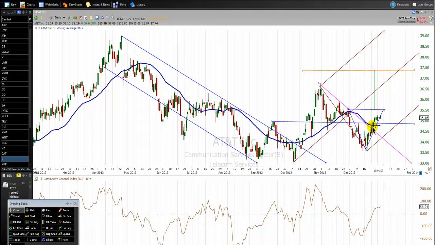Now, as the price was retesting the moving average 30, though it was bearish going down, the price broke through it. So now it's providing support for the price. That's why I'm saying priority to the bullish signal above $35, because now the price is above the dynamic moving average 30.